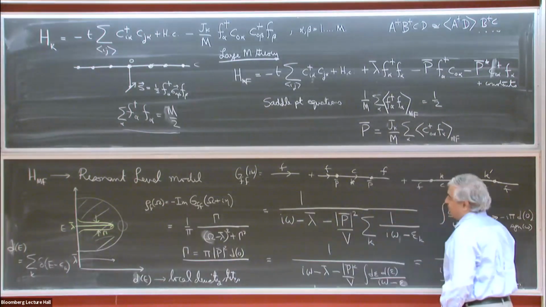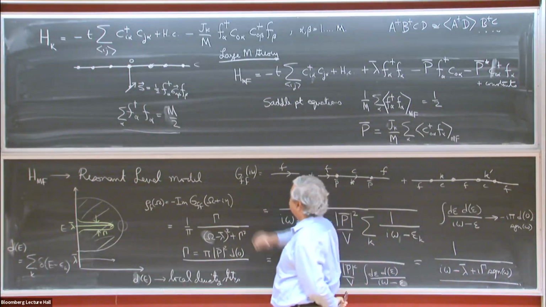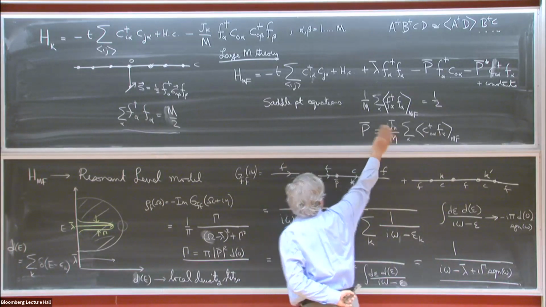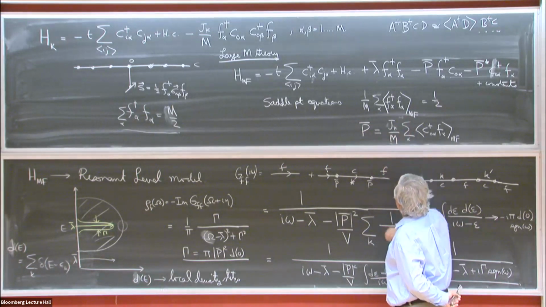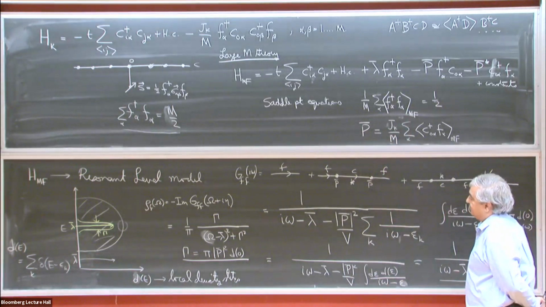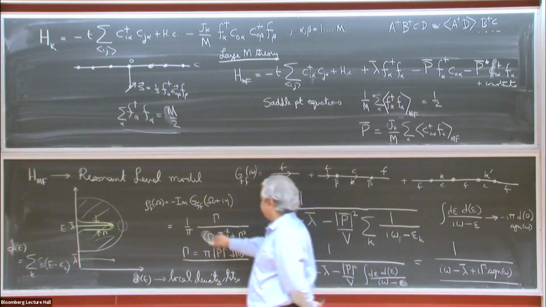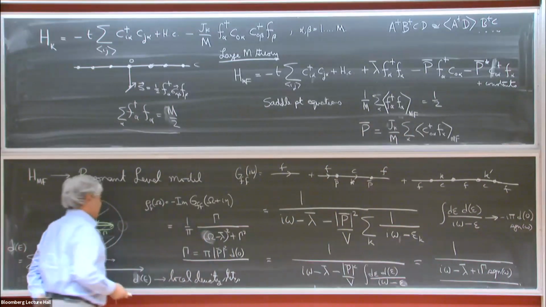All right. So we've gotten the F Green's function in this model, and that actually already tells us how we're going to solve this. You can see that the integral under this Lorentzian is exactly 1.